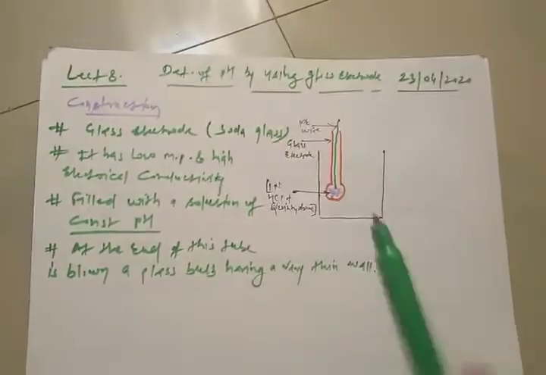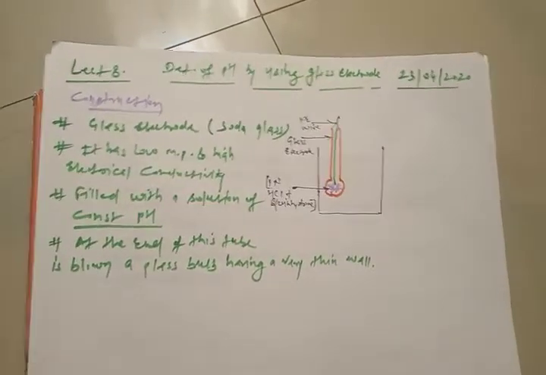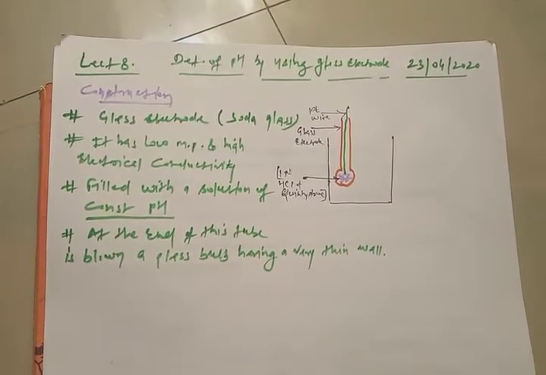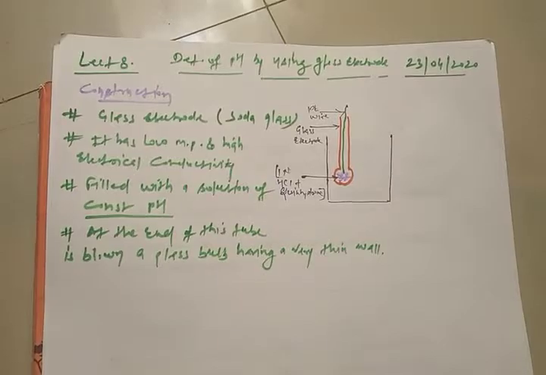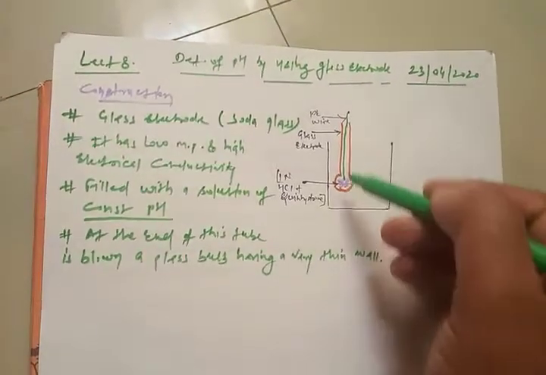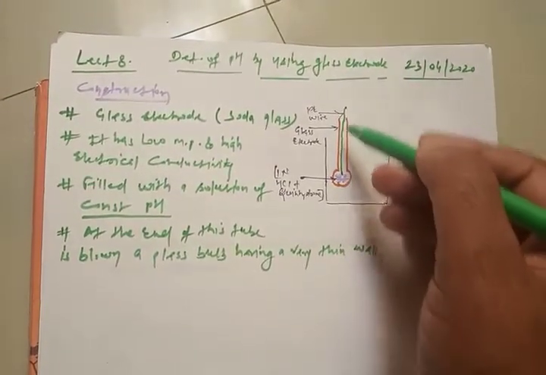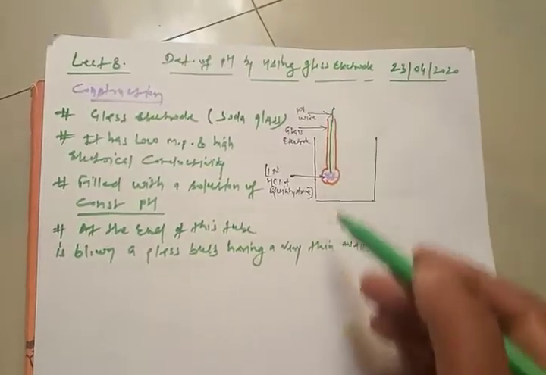Now what is the use of this platinum wire? To make electrical contact with this solution, a platinum wire is dipped. This solution needs to be in electrical contact, so we require a platinum wire.